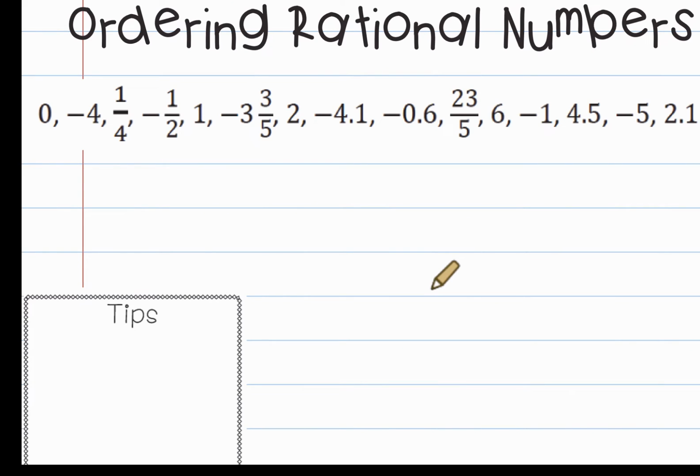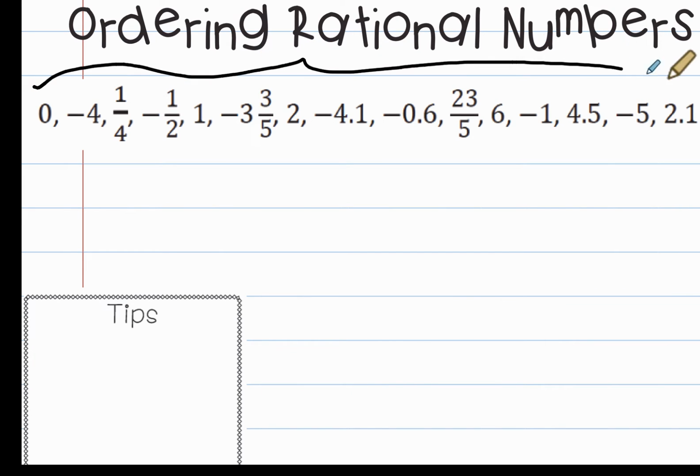Now let's look at ordering rational numbers. These are examples of rational numbers. A rational number, remember, is any number that can be written as a fraction. They could be negative, they could be positive, or they could be 0, which is neutral. So here's a tip. When we're trying to write these in order, first we have to have an order, and we're going to do least to greatest.